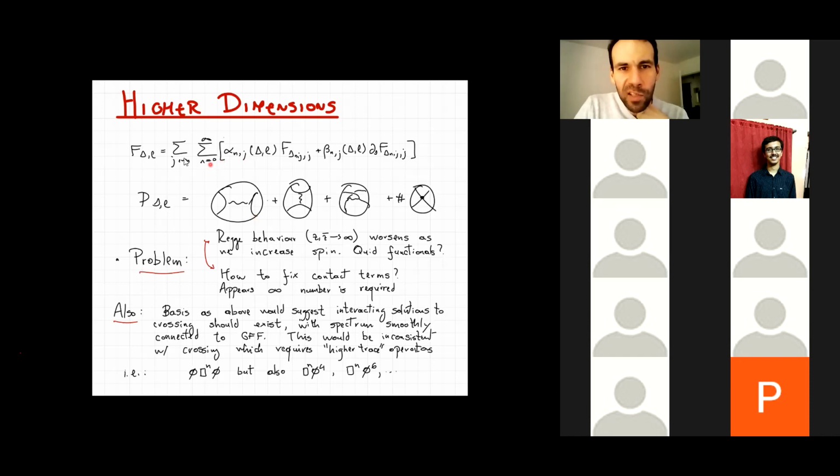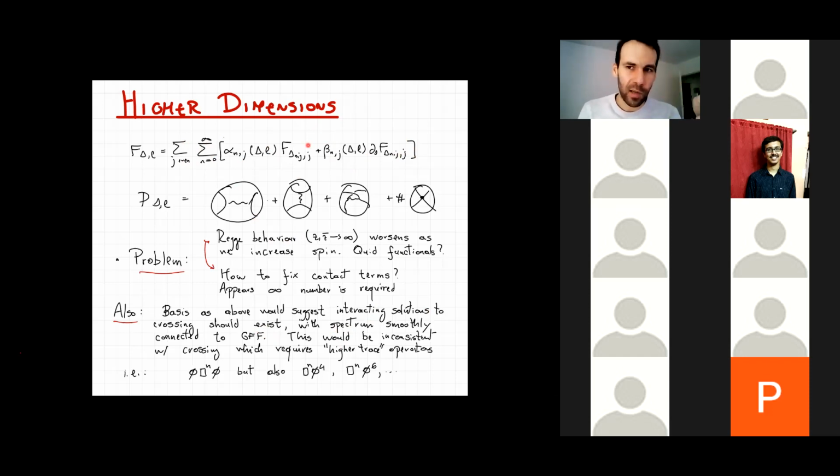Let me add another reason why you expect that this cannot work, that some new ingredient exists. If there was a basis of this kind, then this would suggest that there exist interacting solutions to crossing whose spectrum is smoothly connected to generalized free fields. Because recall that in one dimension, since we had the basis that looked like this, we could start off with the generalized free boson, and there was this flow.